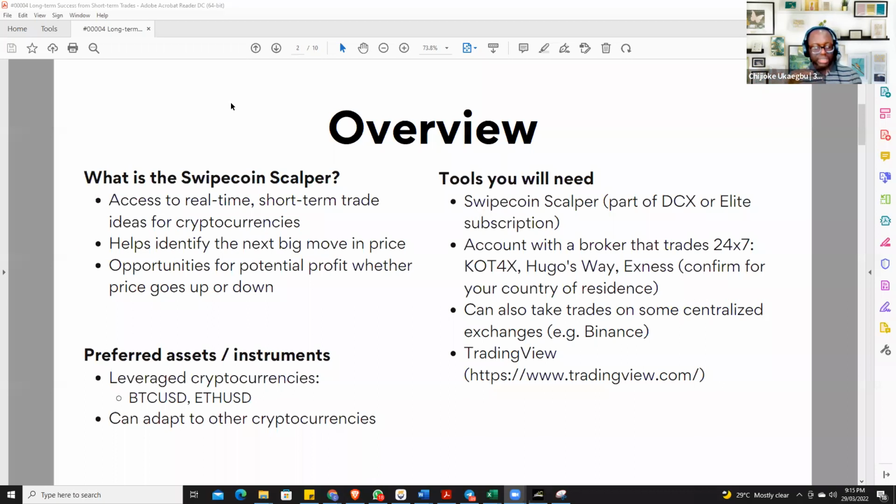So you're basically just waiting and waiting, and when that big move comes, you're positioned optimally to take advantage of that big move in price. And if that wasn't even good enough, the trade ideas that you get from the Swipecoin Scalper work whether price is going up or down, so you can profit whatever is happening to price.